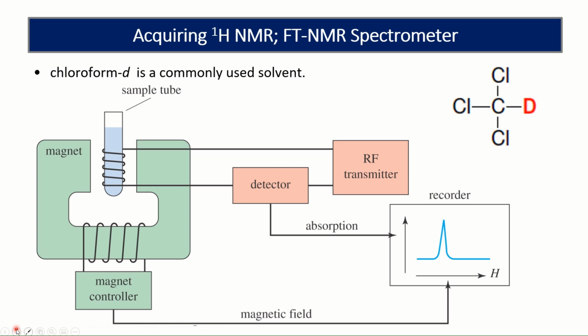So herein you have a sample tube inside the magnet, and what we do in modern instruments is quite simply we have a strong magnetic field, and then we apply white radio frequency, so a whole range of radio frequencies, and have a detector which detects the absorbance. And so we use Fourier transform to figure out what peaks were being created.